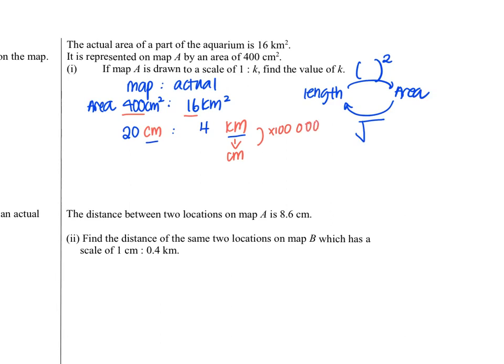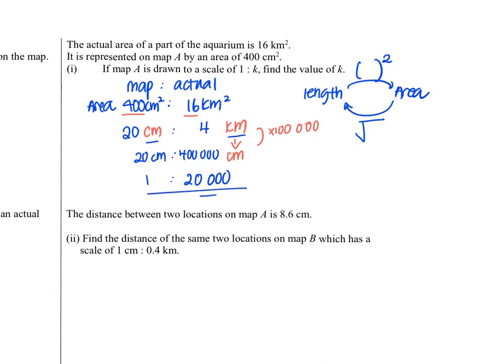So times 100,000. And that will give me 400,000, 20 cm. Now, once the units are the same, I can drop away the units and I find 1 unit. So 400,000 divided by 20 to give me 20,000.